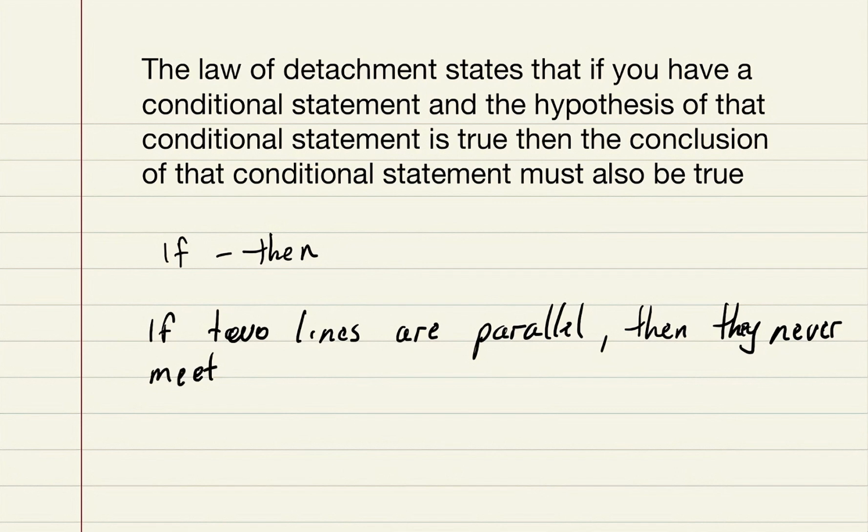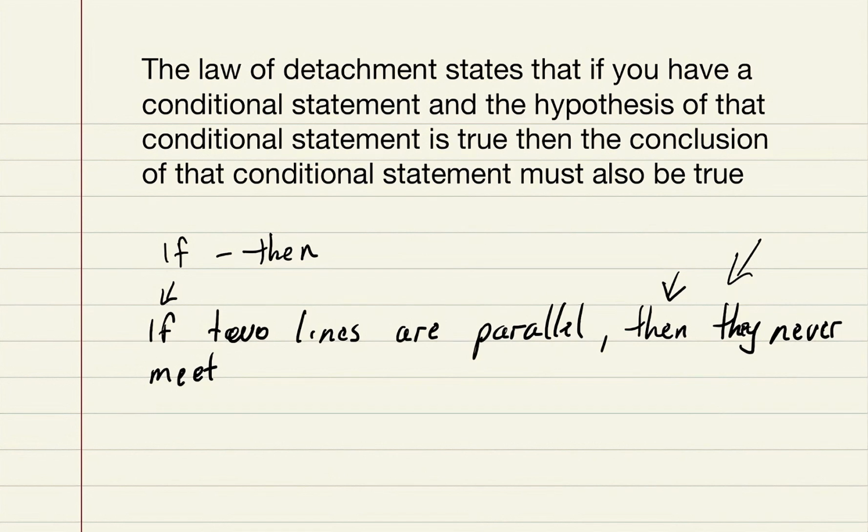So this is a conditional statement because it has the if-then part. And in geometry or in math, this is considered the hypothesis portion. So this is the hypothesis, and then here is the conclusion. So if two lines are parallel, then they never meet. So that's the conditional statement.